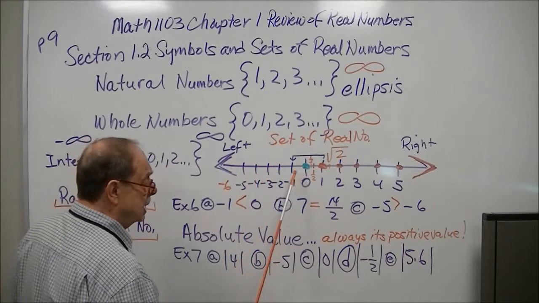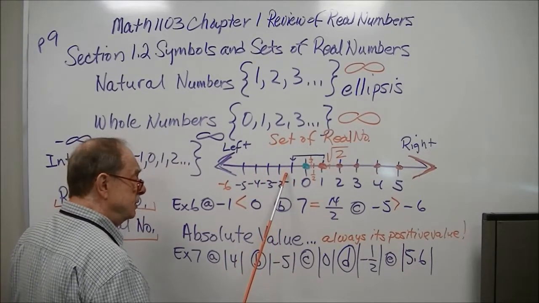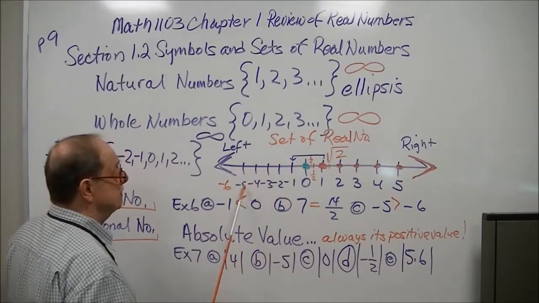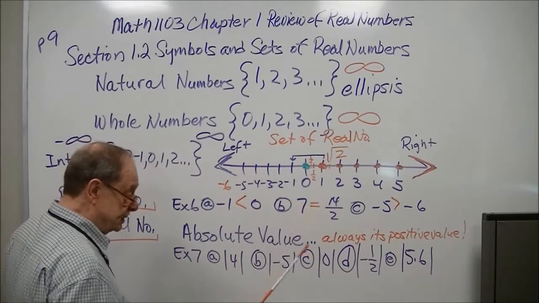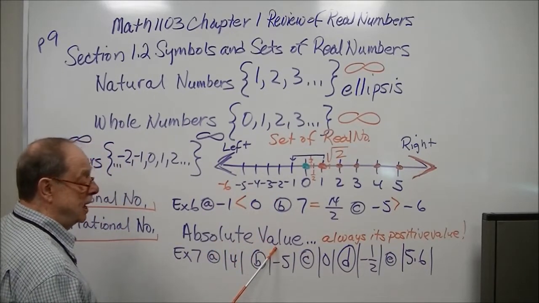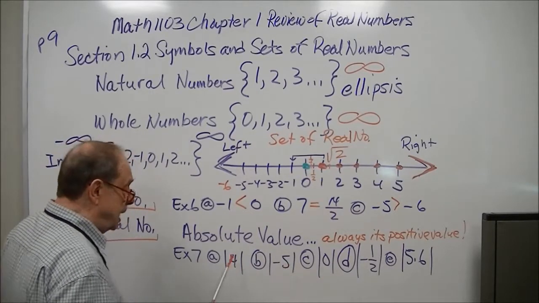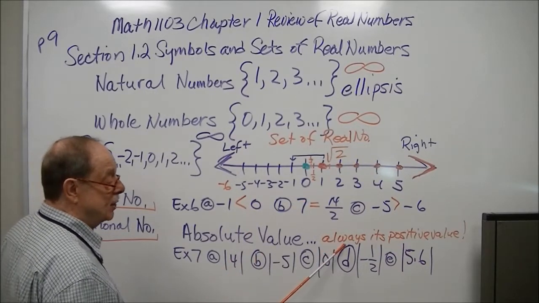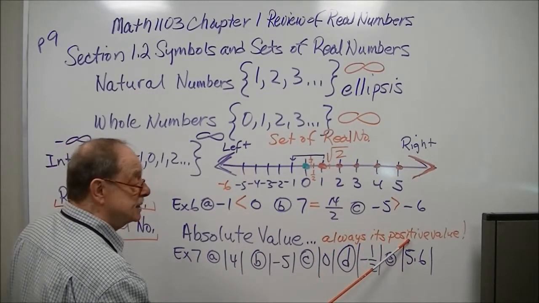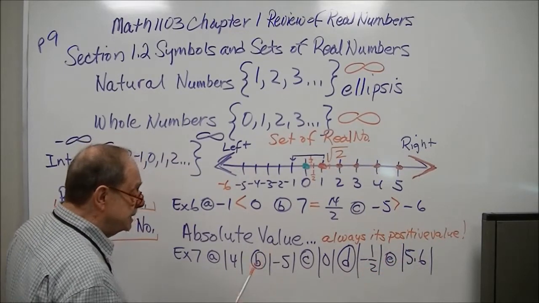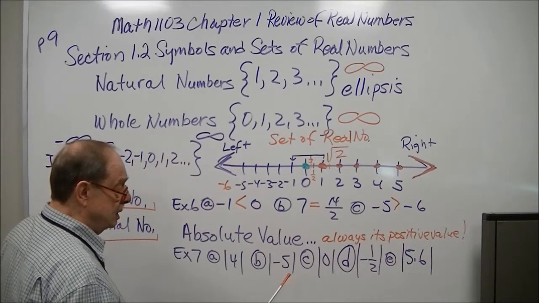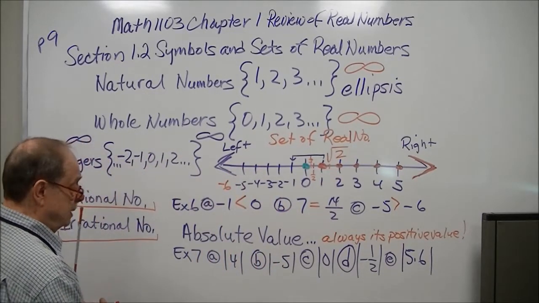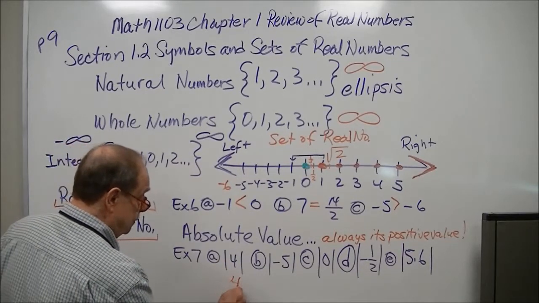It's 4 counting units from 0. And remember, when we count, we're using positive numbers. So we then say that what is absolute value of anything that's found between these vertical lines? And the answer is it's always its positive value, because it's distance from 0, and those are counting, so those would be positive. So absolute value of 4 is 4.